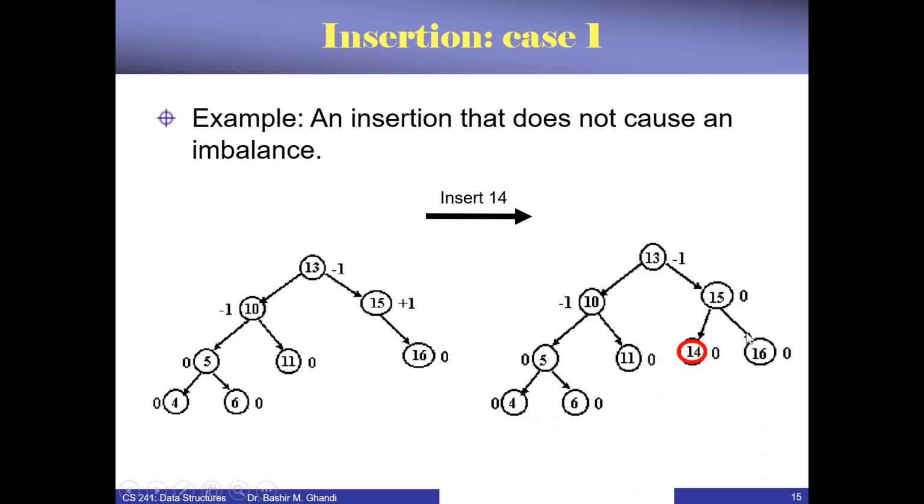Now, if you recalculate the balance factors, you will see that they are still within range. Actually, it's only the balance factor of 15 that changes from 1 to 0. All others remain the same. And therefore, in this case, there is nothing to do. There is no need for rebalancing.